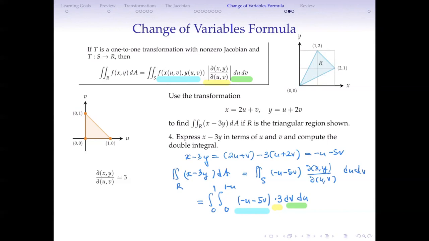By now, you all are aces at doing. So that's using the change of variables formula to reduce the integral over a complex region to the integral over a simple region. And again, the trick is to find the right transformation that maps the simple region over here in the UV plane to the desired region in the XY plane.